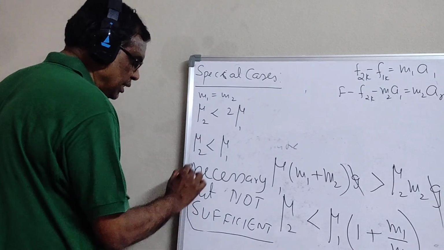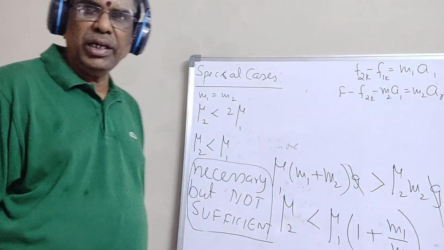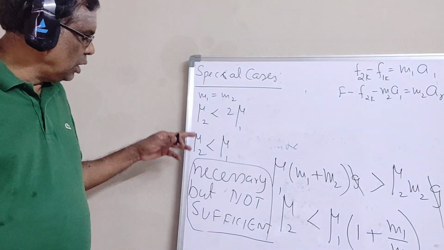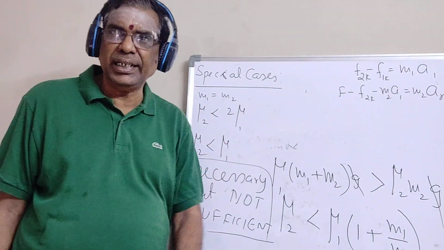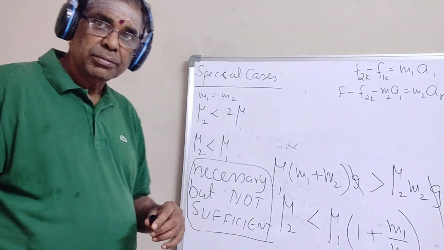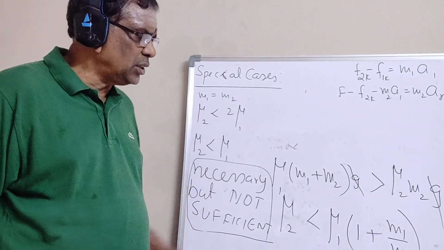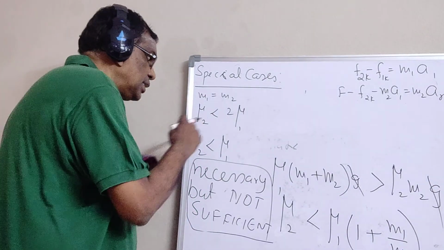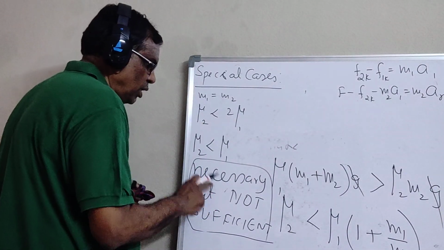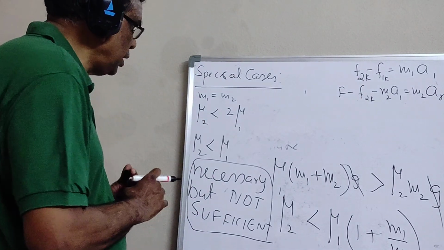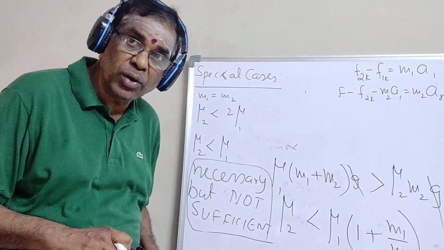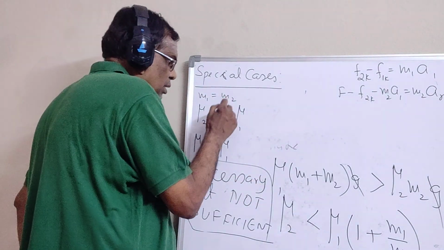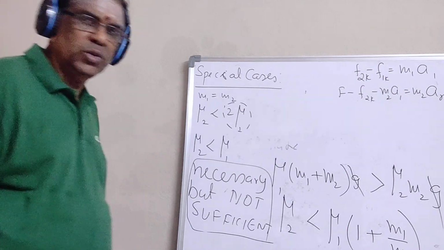Bold letters I am writing. This is where your advanced cases come into picture. You never say mu2 must be less than mu1. That is not enough. Suppose mu1 lies in between these two. This is not possible. So condition is number one, mu2 must be not only less than mu1 but much less than that because 2 mu1.